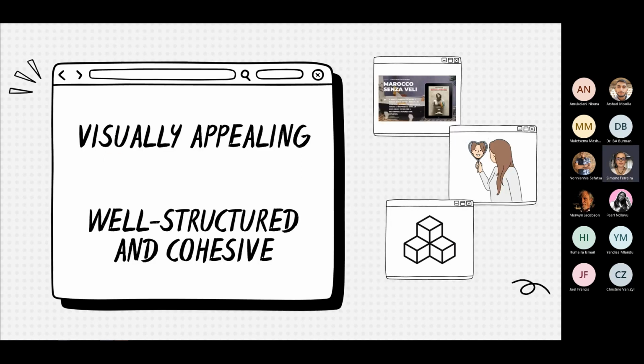Thank you. So firstly, I would like to show you what it would be to have a bad portfolio or bad web page. Christine, if you could please share that on your side.